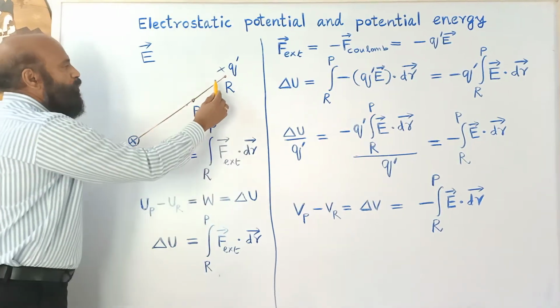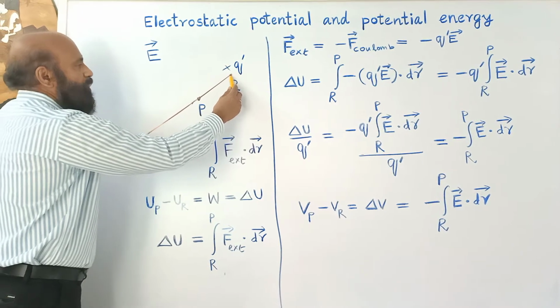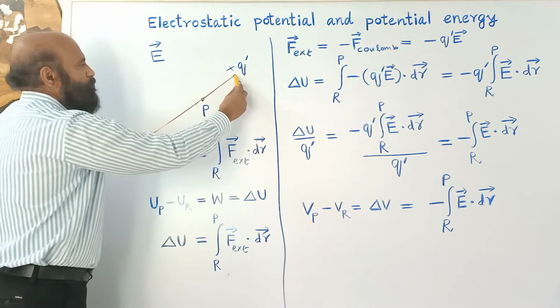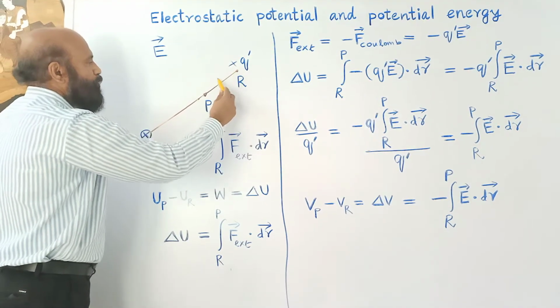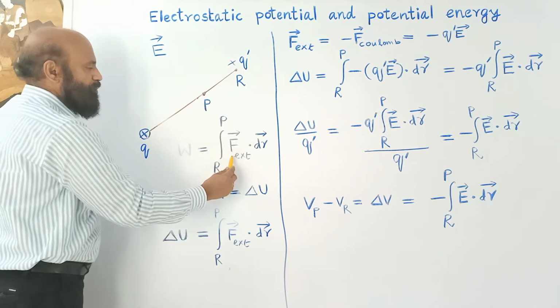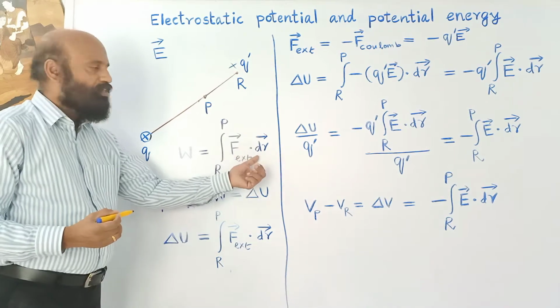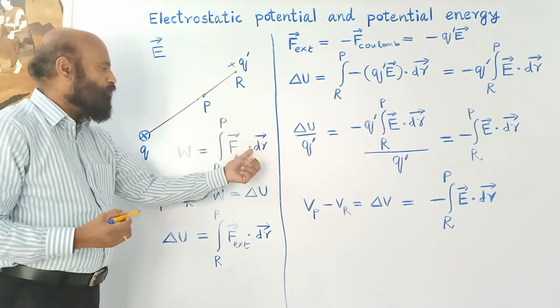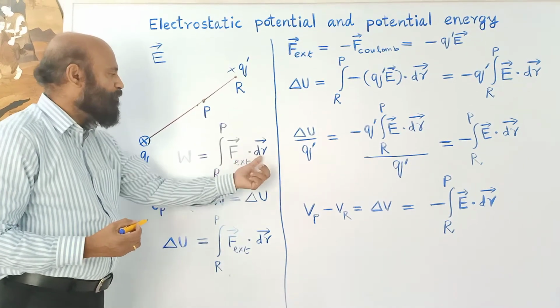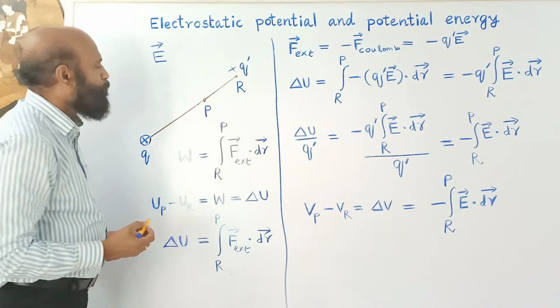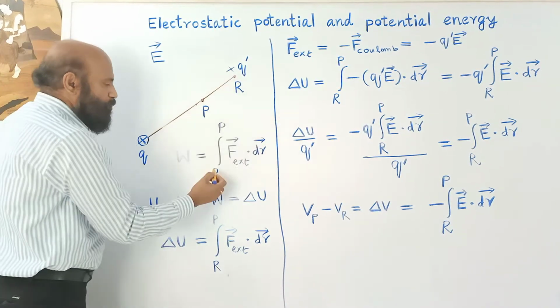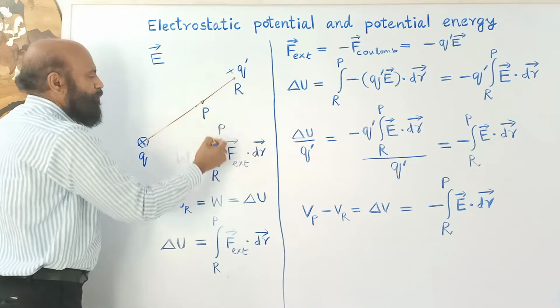Now work done to move a charge of magnitude Q dash from this point to this point is given by this relation. Work done is F vector dot dr vector. The dot product of force and displacement will give you the work done to move the body from R to P. We have to integrate.